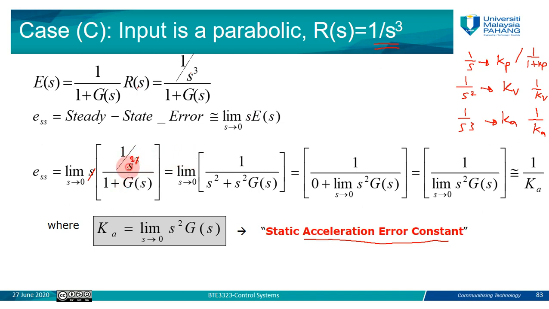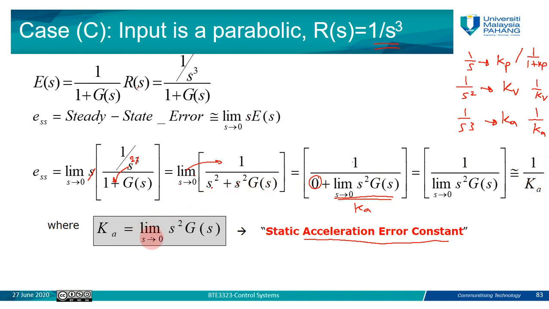When you take the limit inside, the 1 stays 1, the s square becomes 0, and the limit goes with the s square, so it gives you this value, which represents ka. We call ka equal to limit s goes to 0 of s square times gs, whatever the value of gs is. Then your error will become 1 over ka.